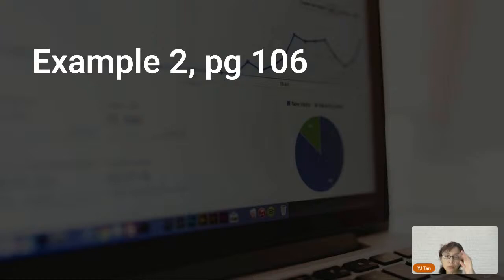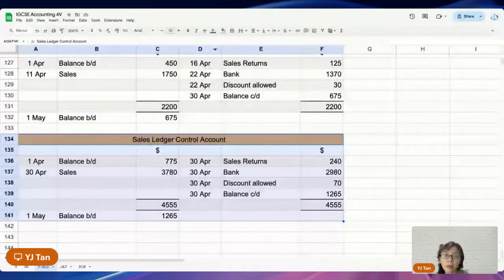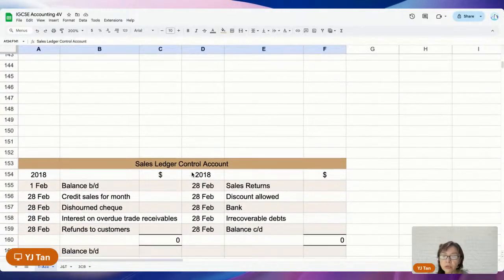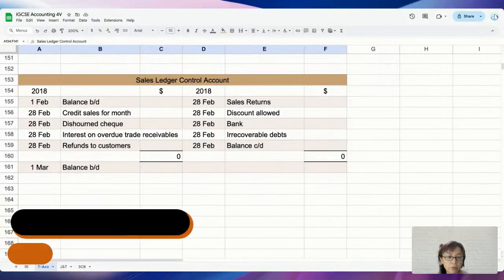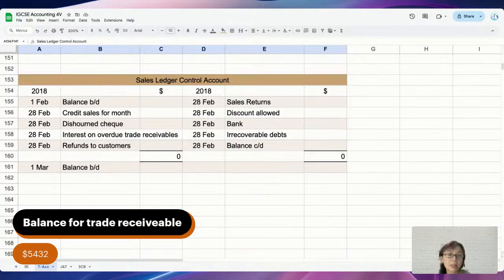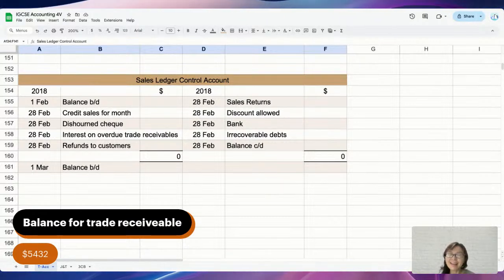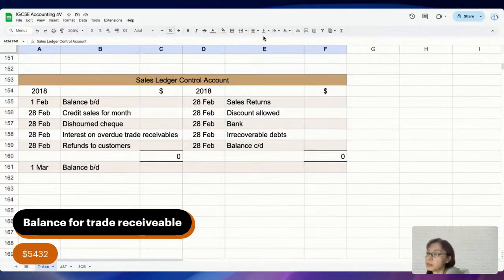Okay, so let's have a look at another example, example 2 on page 106. I have prepared it. For this case, what we need to do is prepare the sales ledger control account. For the first transaction, this one is a little bit easier.